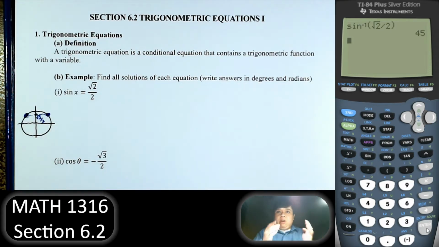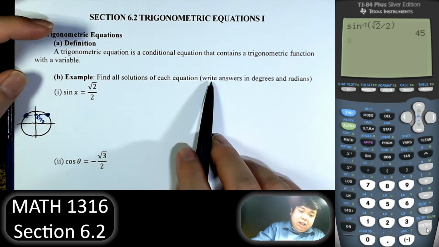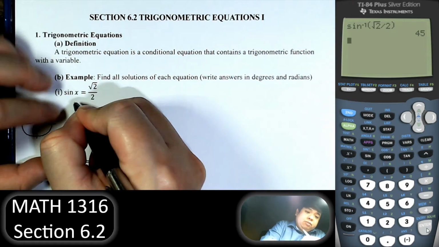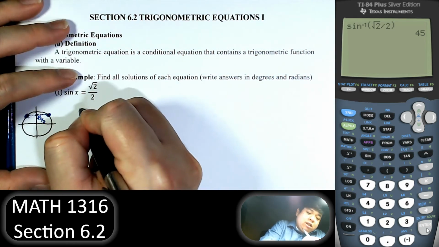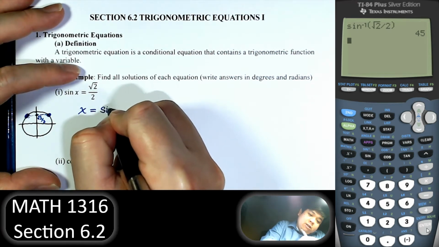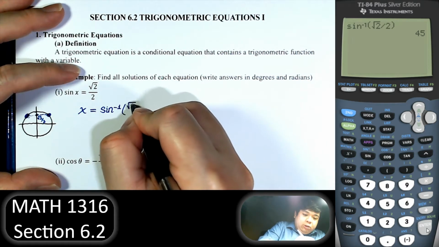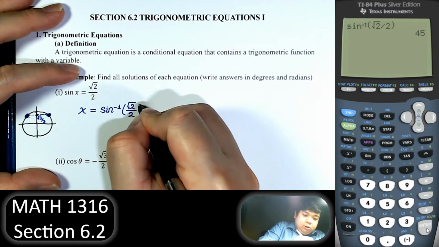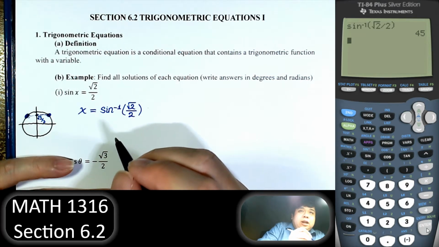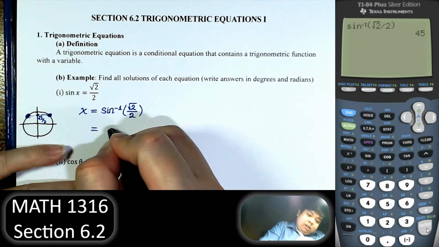And then of course 45 degrees we can convert to radians. The problem says to write the answer in degrees and radians. So first, if sine x is equal to that, we can say x is equal to sine inverse of square root of 2 over 2, and of course that turned out to be 45 degrees.